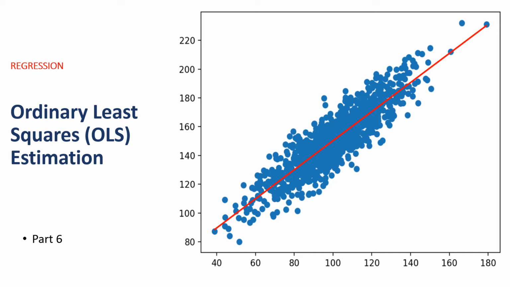In terms of the regression model, y is equal to beta 0 plus beta 1 x plus epsilon, where beta 0 is the intercept value, beta 1 is the slope, and epsilon is the error that occurs due to the difference between the actual and estimated values.